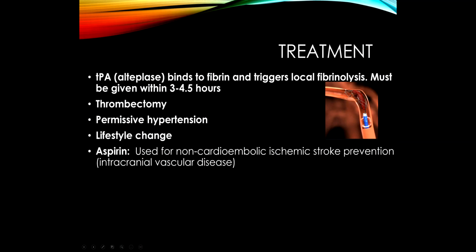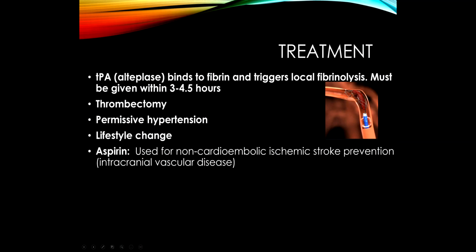That is called permissive hypertension. And then after 24 hours, we'll begin to bring it down. Now, obviously, there is a range for this, which you don't need to know about for now, but if it goes too high, then we may give them something gentle to lower it just a little bit. And when someone has had a stroke, this should be a wake-up call. It's time to do something about diet and exercise, stop smoking, and so on.